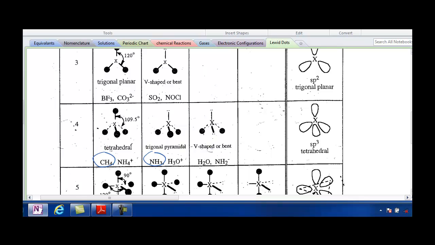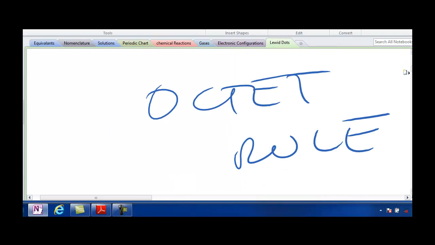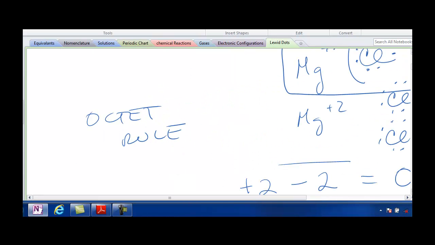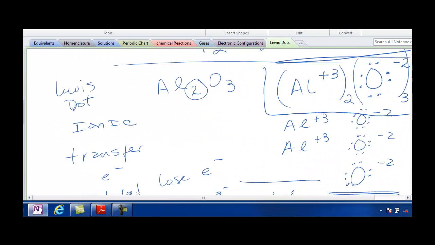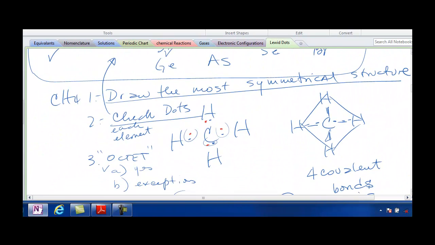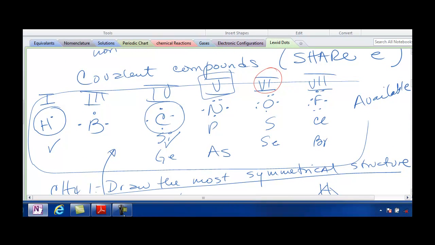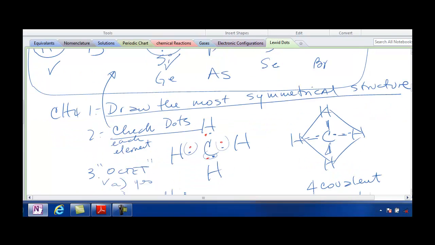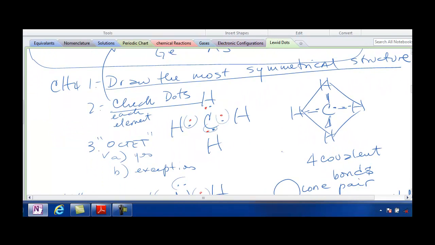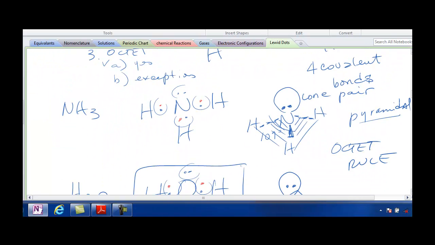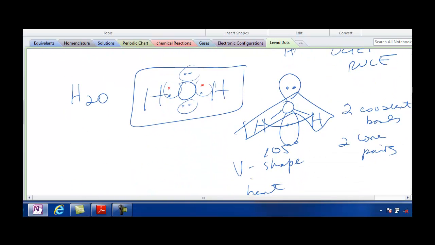Okay, the next one that we saw was water. What was water? Water was V-shaped. But we first look: hydrogen has 1 dot, oxygen has 6 dots, so we first do Lewis. Before we use VSEPR, before we talk about electronic and molecular geometry, Lewis comes first.